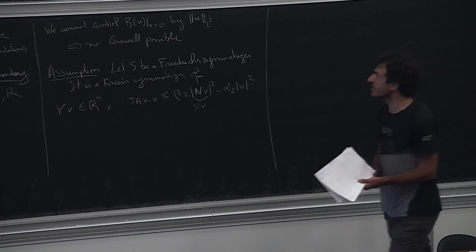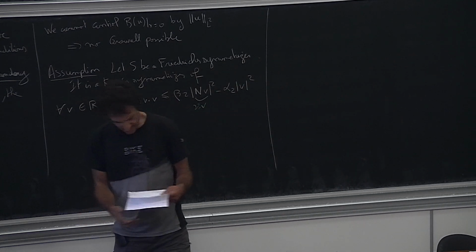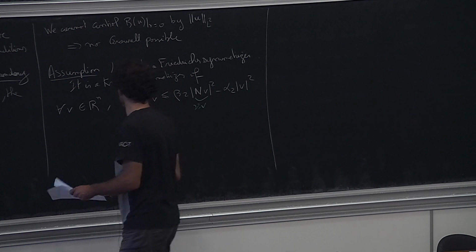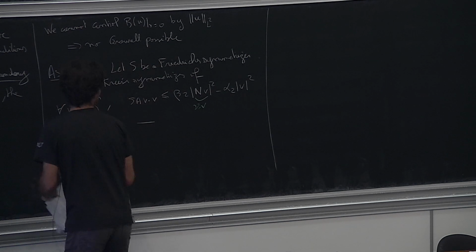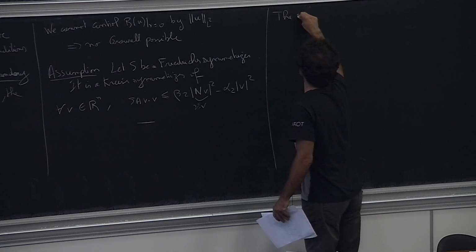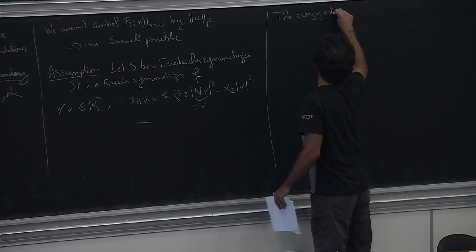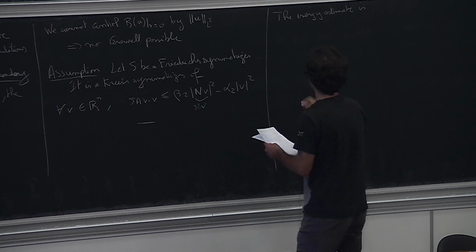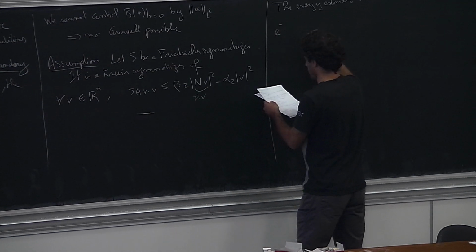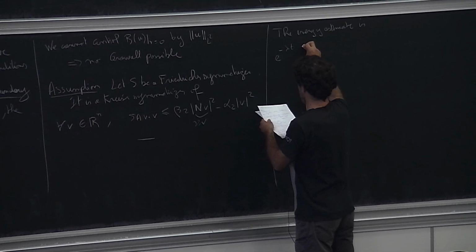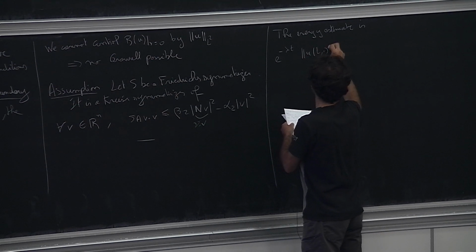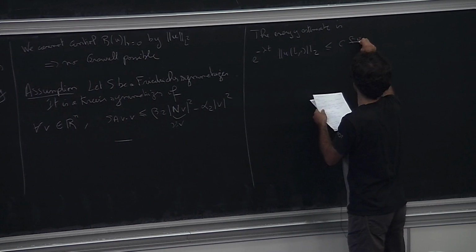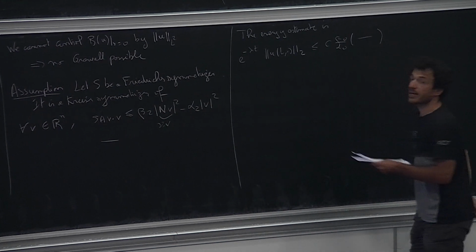So why is this interesting? Because in the energy estimate, I proceed exactly as before, and I obtain that exponential minus lambda t of u t in L2 is controlled by C beta 0 over alpha 0, the same term as in my energy estimate before.